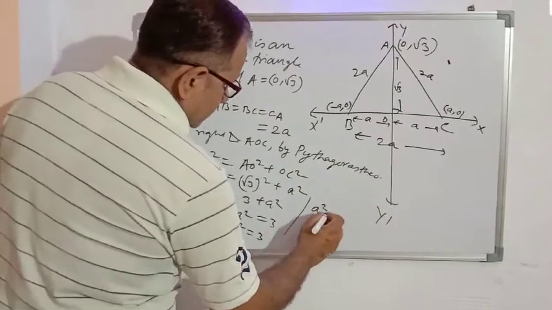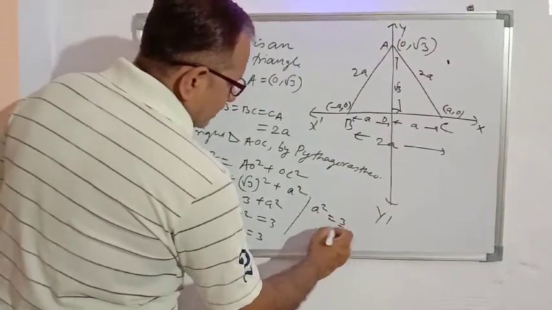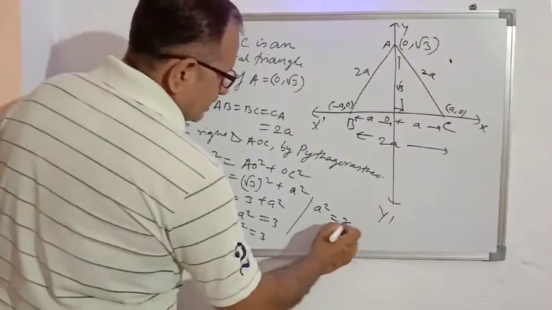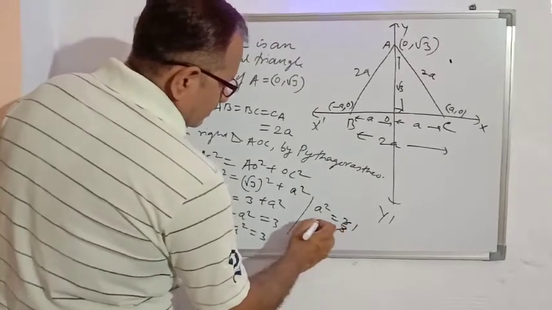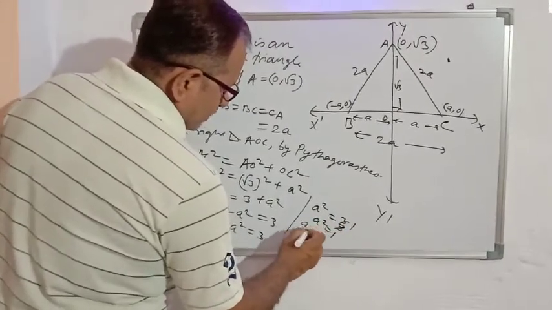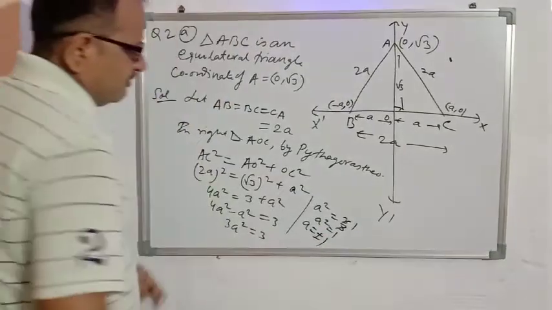So what will be a square? 3 by 3, which is 1. a square is equal to 1. What will be a? Plus or minus 1.